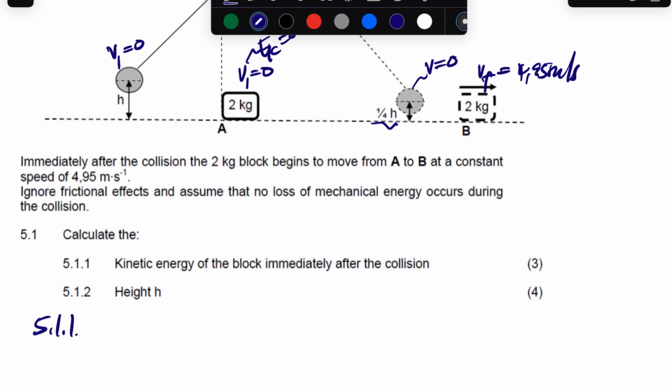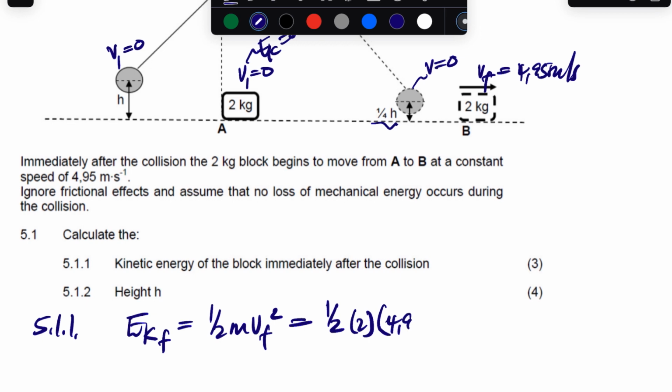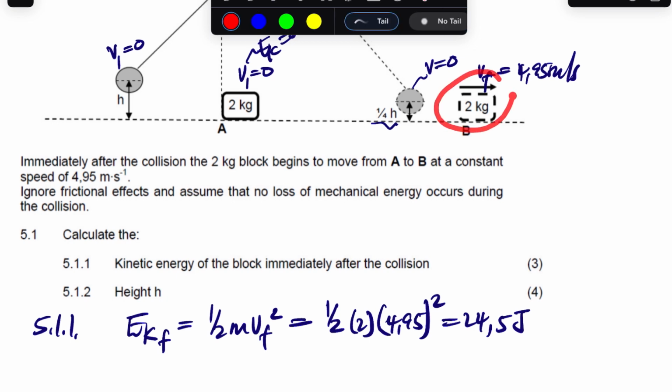Kinetic energy after is equal to half m v final squared, so it's half times the mass of the block, which is 2, times the velocity, 4.95 squared, and the answer for that is 24.5 joules, right? That's the kinetic energy of this one. This is the kinetic energy that this one gained after the bulb lost energy. I hope that makes sense, guys, and it's very important to understand that.